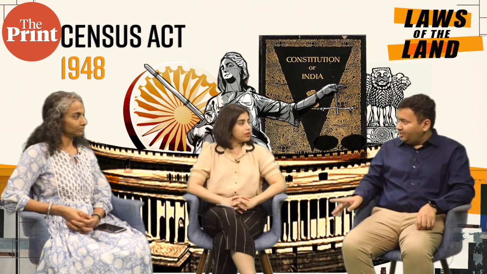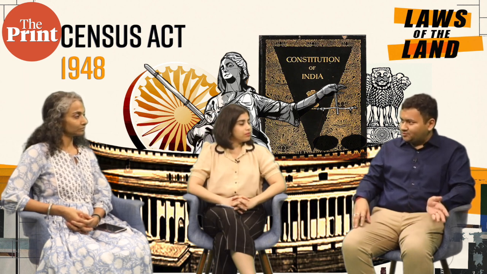That decadal census started in 1872 and continued until 1941. The 1941 census was halted because India was also an involuntary participant in the World War, and therefore it was becoming very difficult for the British to carry that census out.